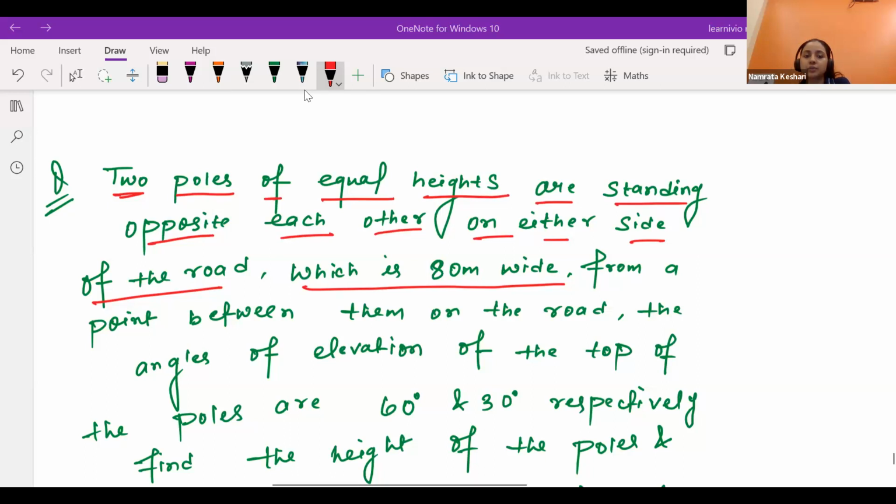Please unmute yourself. Please turn on your camera. Harshit, please turn on your camera.